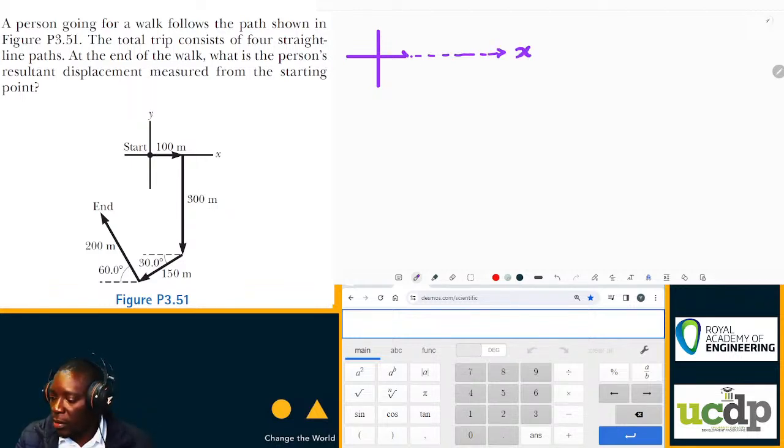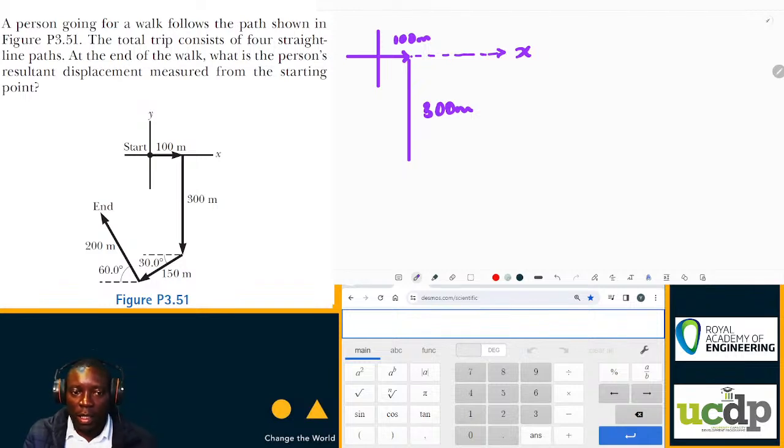So the first part there is only 100 meters to the east, and then it goes straight down around 300 meters. That's south.